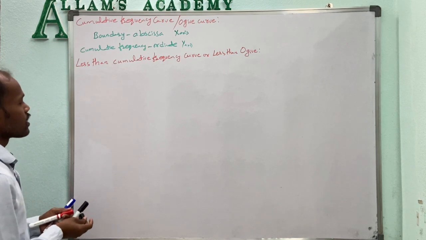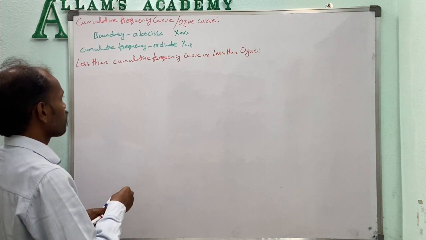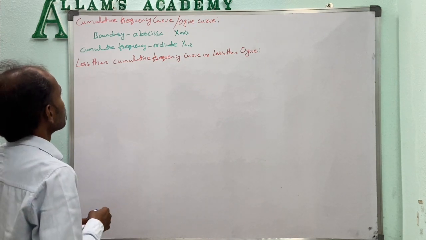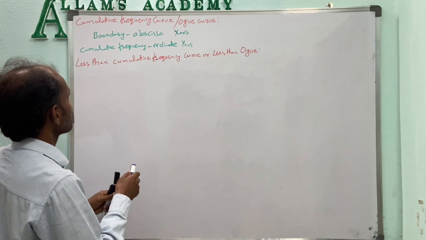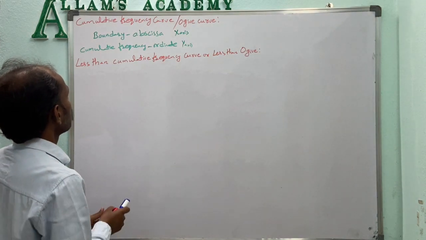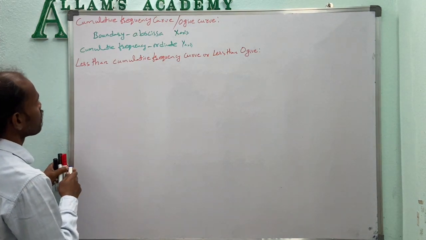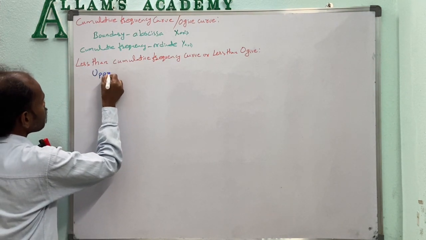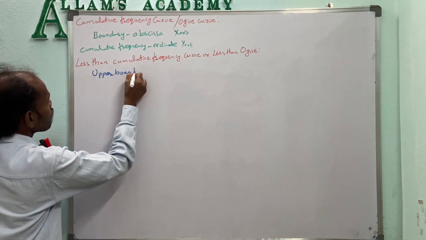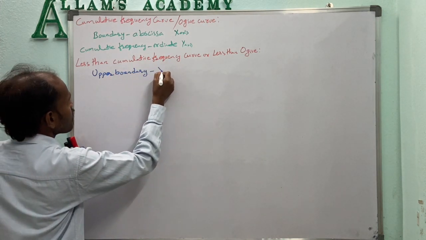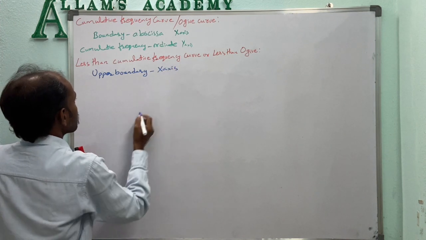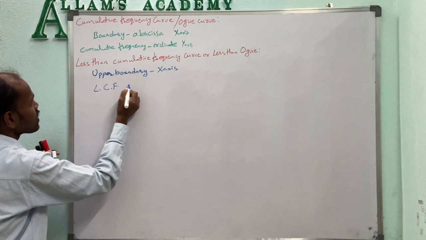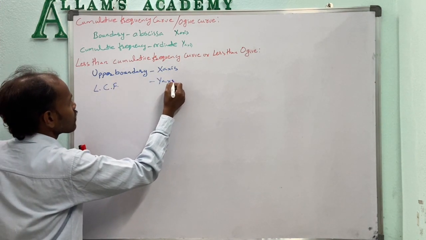For the boundary we take the upper boundary, as abscissa, that is on the x-axis, and their corresponding less than cumulative frequency on the y-axis.